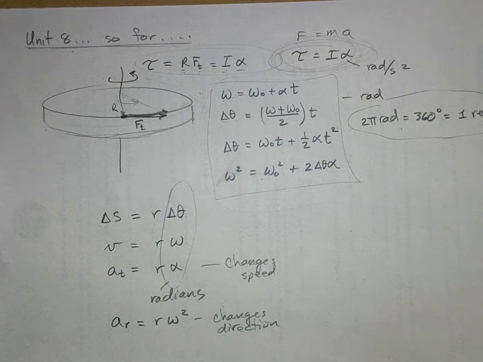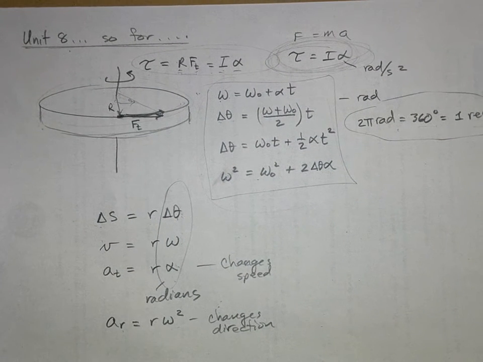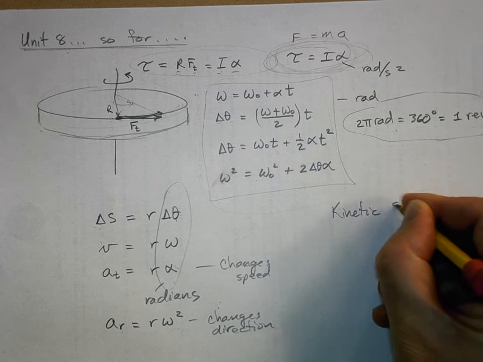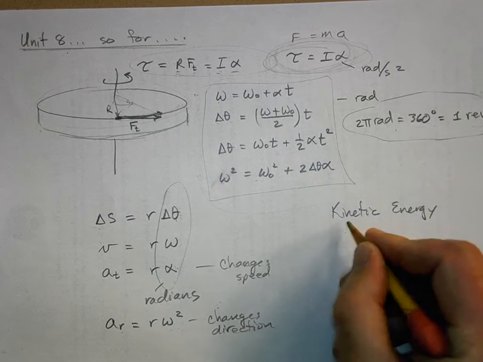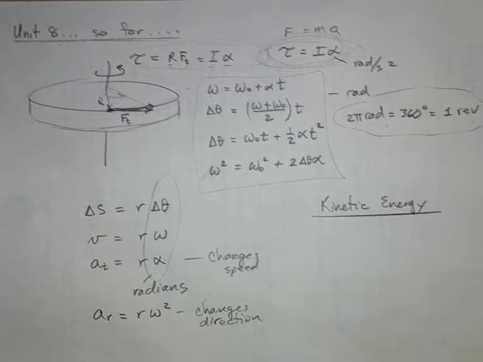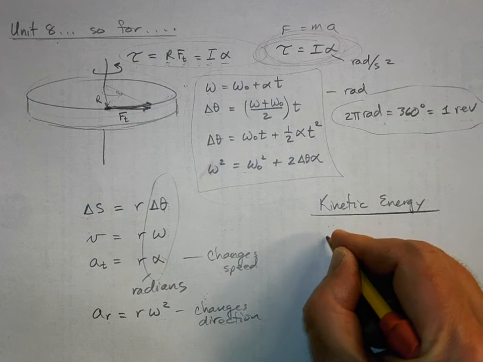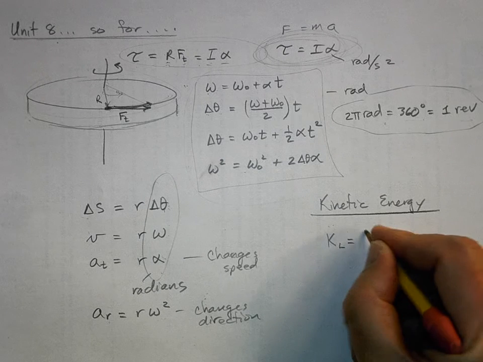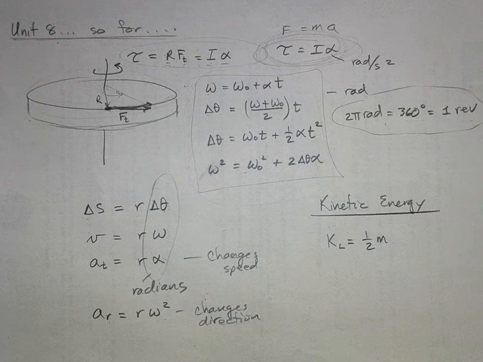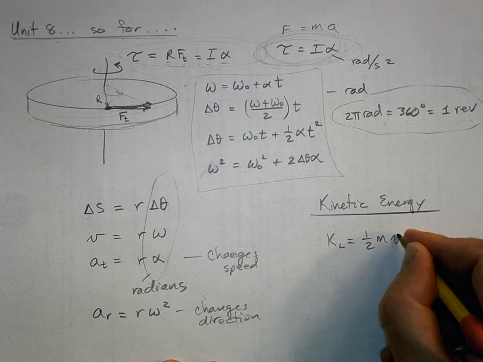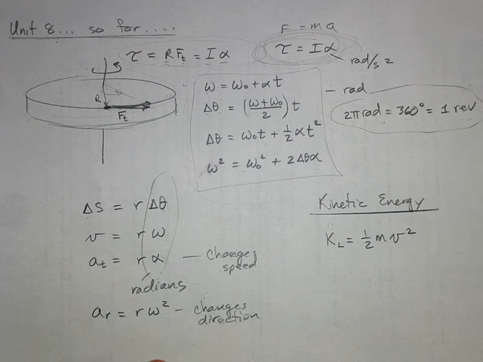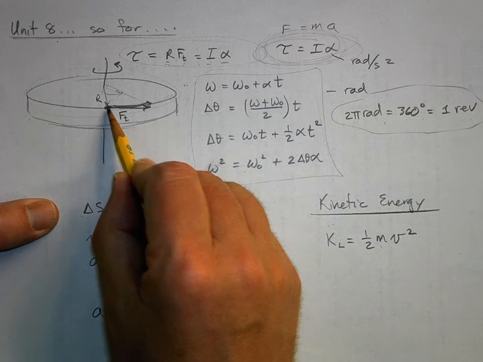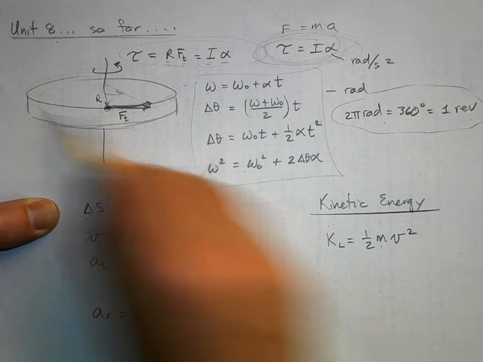One last thing. We talked about energy, kinetic energy. Remember we had the linear kinetic energy, equal to 1/2 the mass times your velocity squared. But what if this massive moving object was like this little ant moving around in a circle?